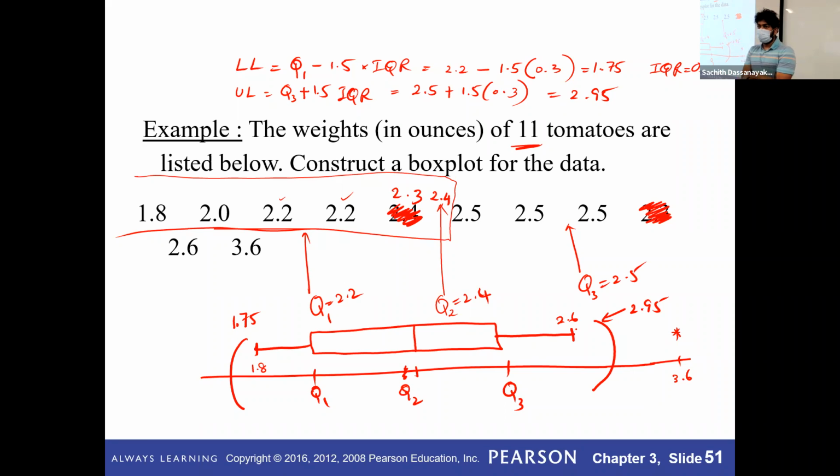Clear? That's how we find the minimum and maximum. But don't use the minimum and maximum that you can see in the data set. After removing these outliers, you can see the actual minimum and maximum. To calculate the interquartile range or Q1, Q2, Q3, we use outliers as well. See the difference?